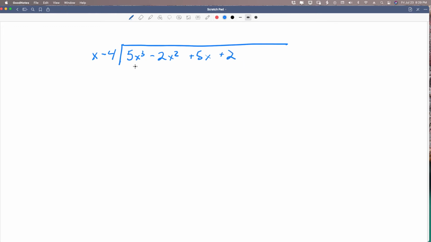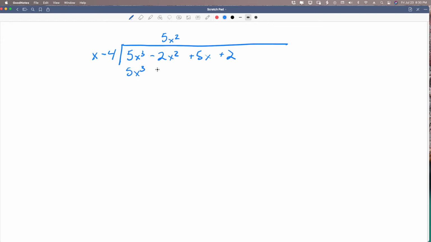So as you can see, here's our 3, 2, 1, 0, right? What times x will give us 5x cubed? 5x squared. So we write that above the x squared, right? Same term. 5x squared times x is 5x cubed.